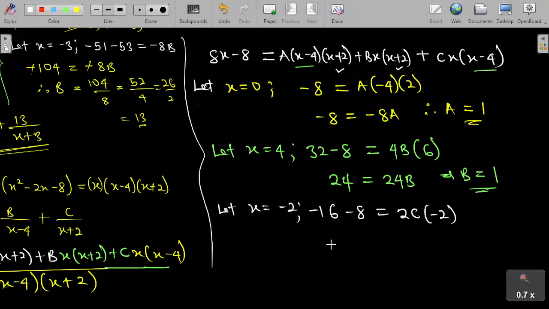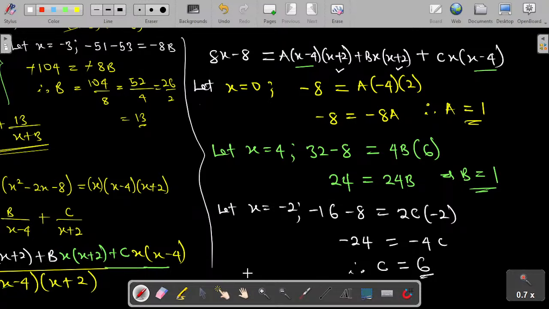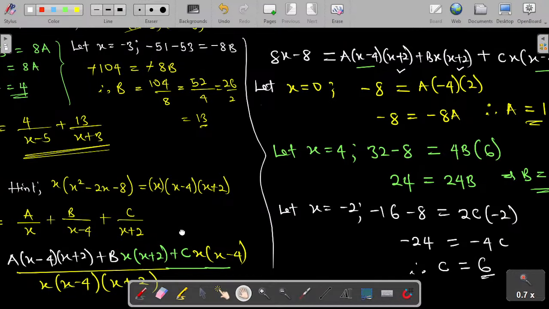And so you are here. Minus 16 minus 8 will give us minus 24, equal to 2c times minus 2, which is minus 4c. You divide both sides by minus 4, you get that c is equal to 6. Oh my goodness. This is very interesting. Okay, so we have gotten our a, b, c. Our a is 1, b is 1, c is 6.